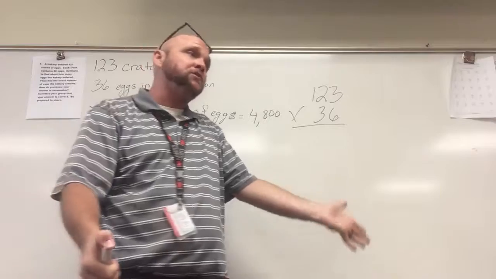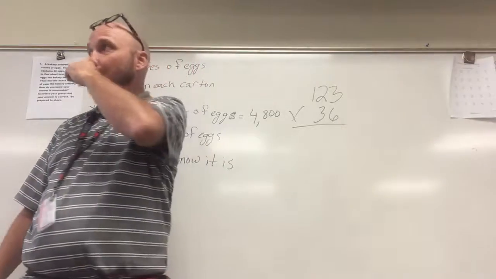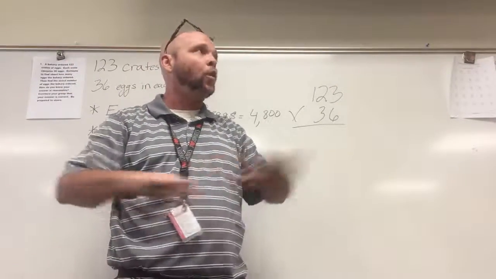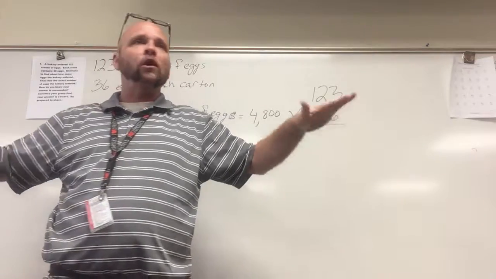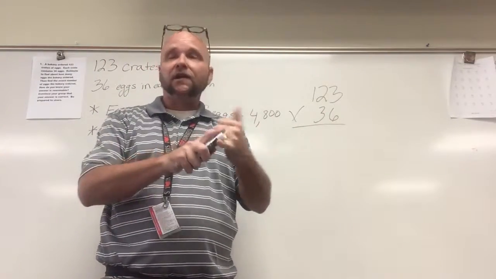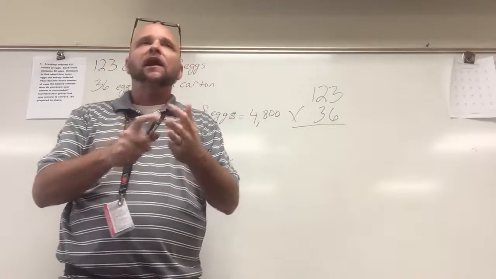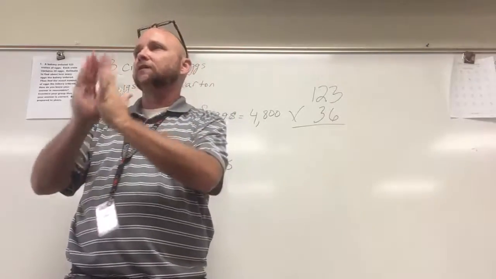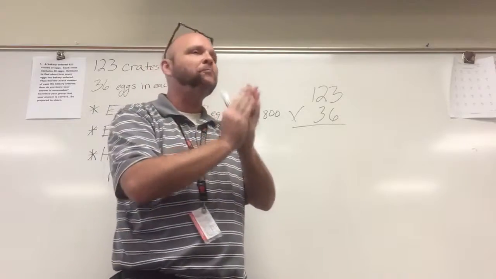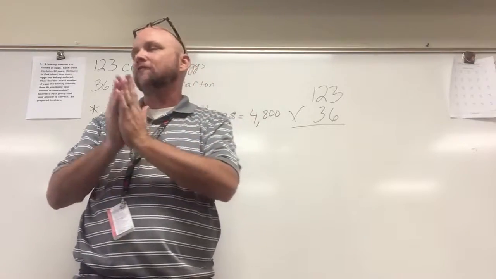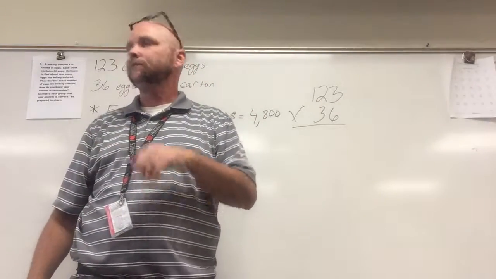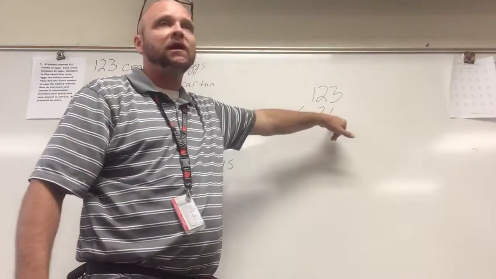You may get them wrong because you make a silly mistake, but not knowing what to do won't happen. All you need to know is your one-digit multiplication, how to add, and how to line up your place values. If you need graph paper, see me, and I'll get you graph paper to help you line up your place values.